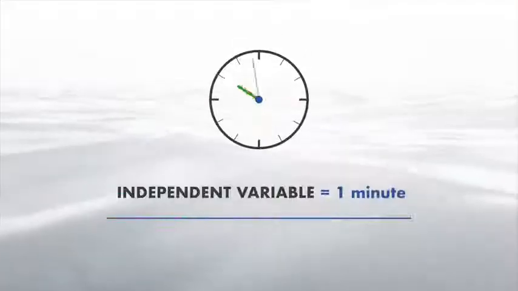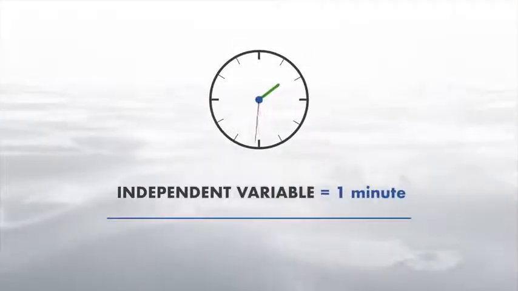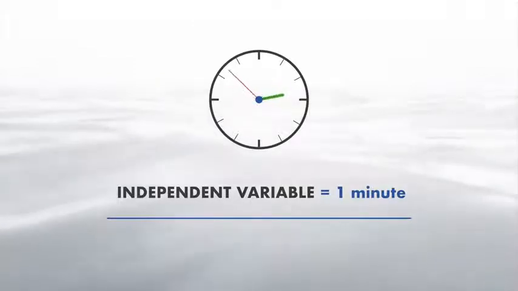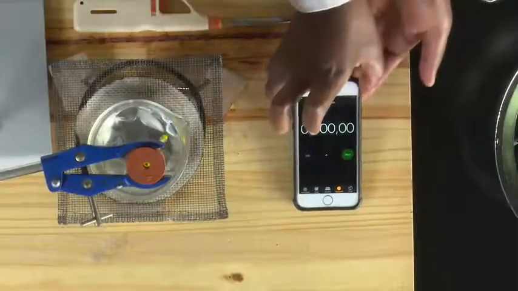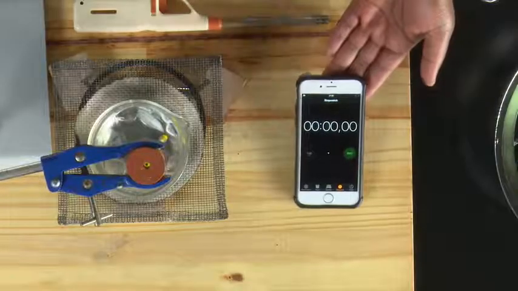We are choosing a time of 1 minute between recording temperature and phases of water. We will use a cell phone to take the time. I will warn Joyce to get ready just before the minute so that she has time to focus on the thermometer. Let's move on to the dependent variable.